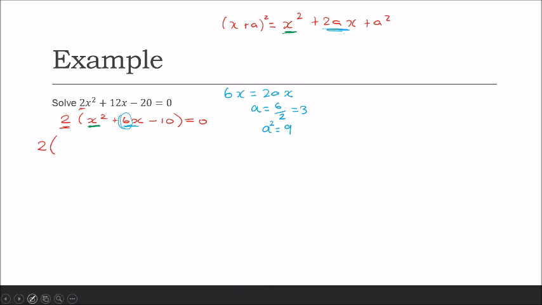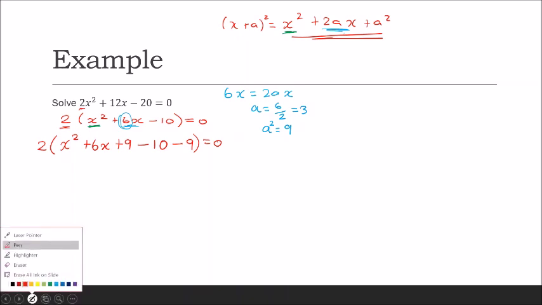So if I rewrite this with what we've got now, we've got x squared plus my 6x, and then I add in my 9, because I want it to look like our form up here. x squared plus 6x plus 9, and then I continue writing what I already have, minus 10, and because I've just added in 9, I need to take 9 away as well. I cannot just introduce anything for no reason. I have to take it away again, so I am adding in a total of 0.